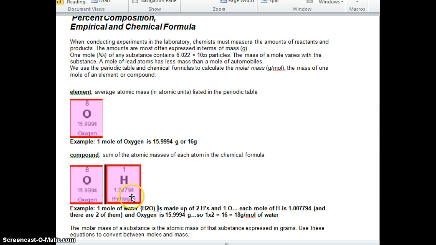And remember, there's 2 of them because it's H2O. And oxygen is 15.9994 grams. So again, let's round. 1 times 2, so 2 grams for the 2 hydrogens, plus 16, because each oxygen weighs 16 and there's 1 of them, gives us 18 grams per mole.